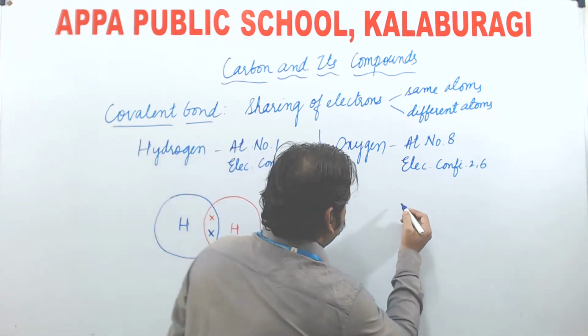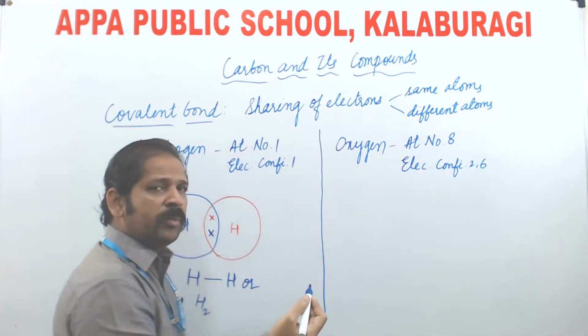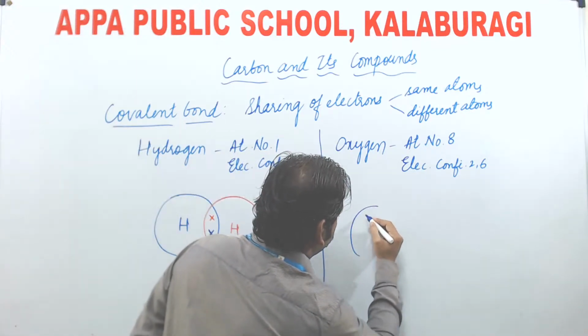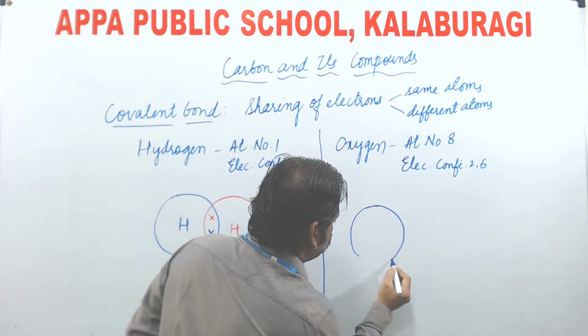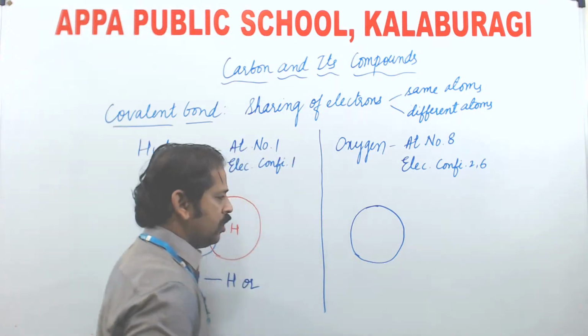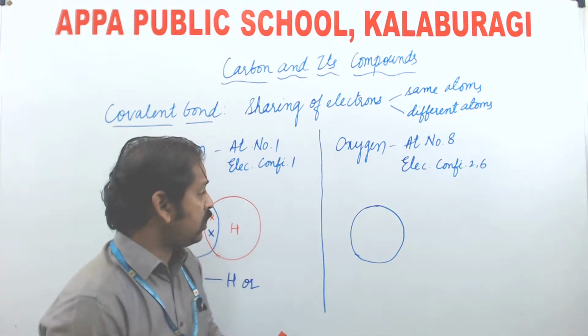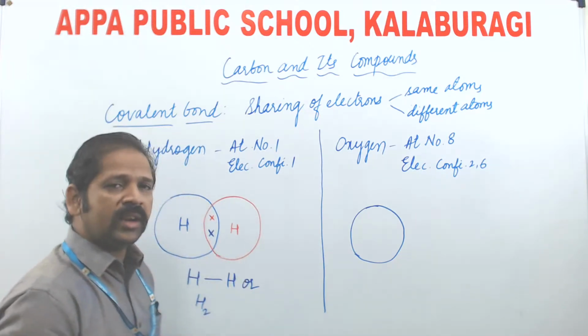Now, sharing of electrons between two oxygens. I repeat, I am showing the two different colors of pen only to show how these are different.